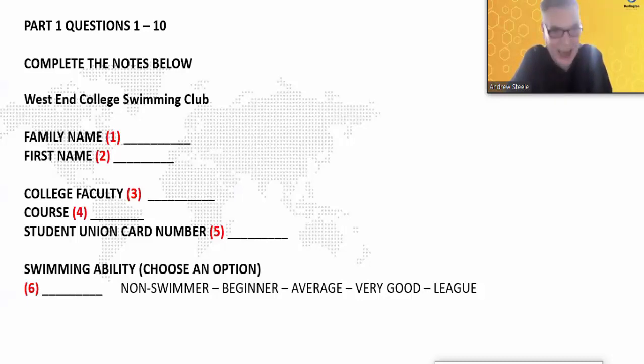Does she or he say that they can't swim, they're a non-swimmer, beginner, average, very good, or league? Now, even if your students don't know the meaning of league, they can see that it's on a scale going from not very good to very good and above. So league must be above very good. So help them to understand things like that.